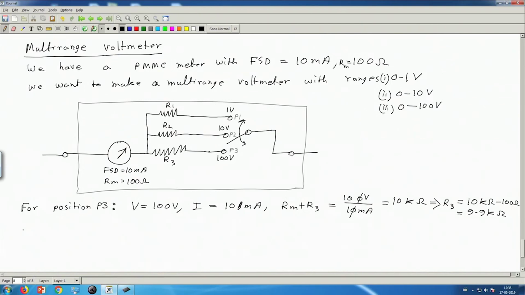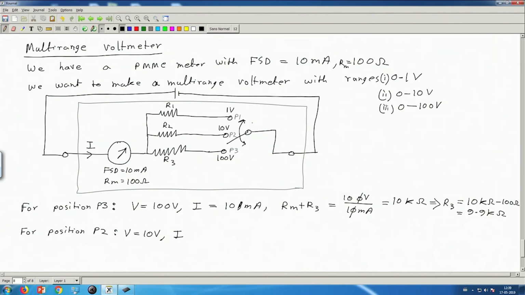Now similarly for position P2, when the applied voltage is 10 volt, full scale deflection current should flow. So here V will be 10 volt, and the current I should be 10 milliampere.